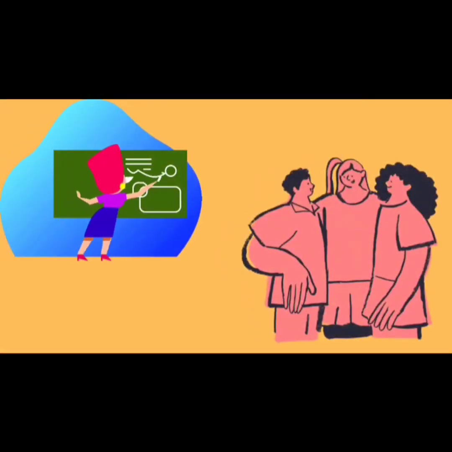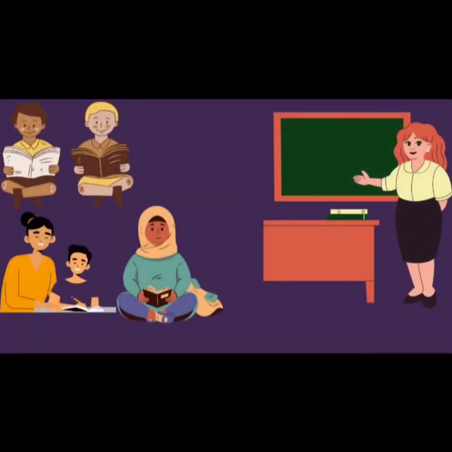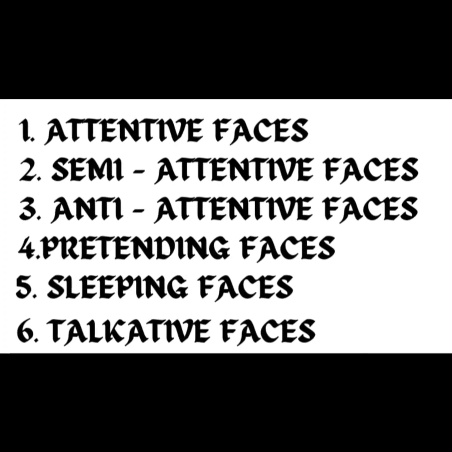When the teacher is writing something on the blackboard, they will start talking. And when the teacher looks towards them, they start nodding their heads or fix their eyes in the book and pretend to look attentive. Which category do you belong to?